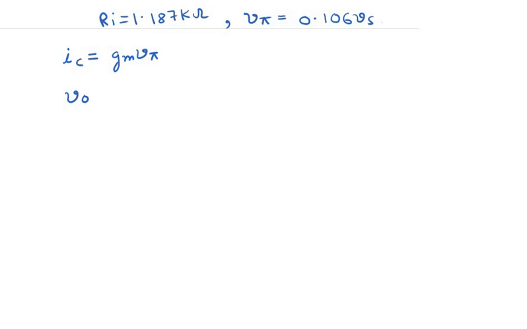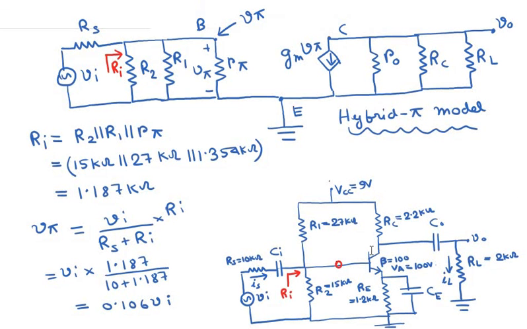Okay, so the output voltage V0. Let us see this model over here. This small signal collector current, or the AC component of the collector current, flows through this parallel combination of resistors R0, RC and RL.